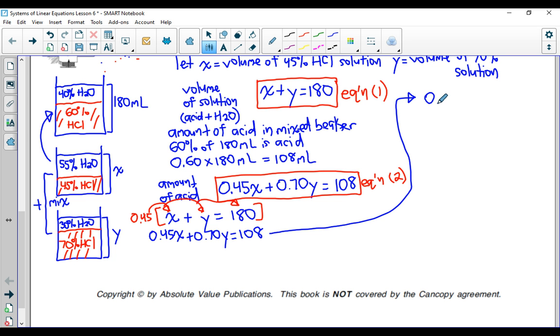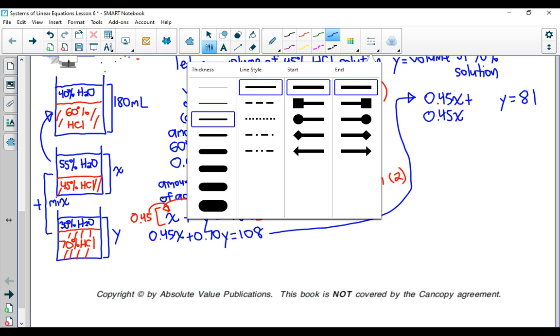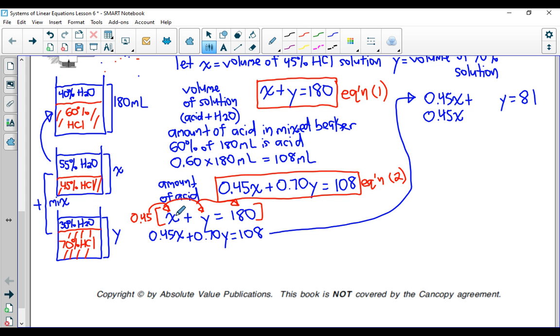So this first equation, 0.45 times x is 0.45x, 0.45 times y is 0.45y, and then 0.45 times 180 is 81.